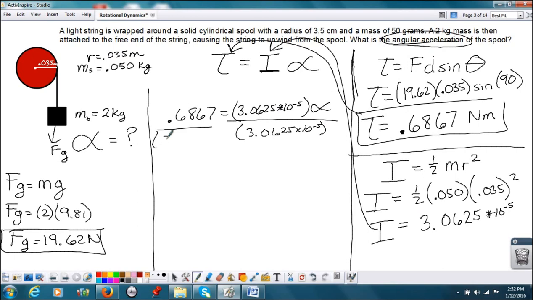Make sure you place it in parentheses. And we will get an angular acceleration of 22,422.86 radians per second squared.